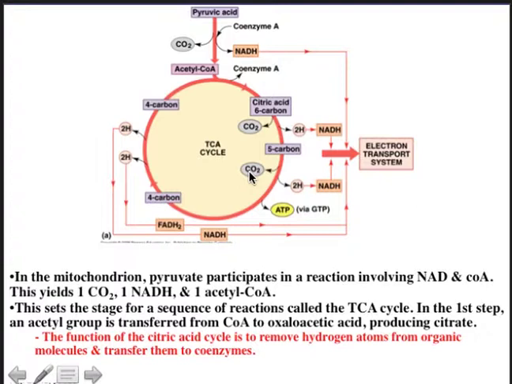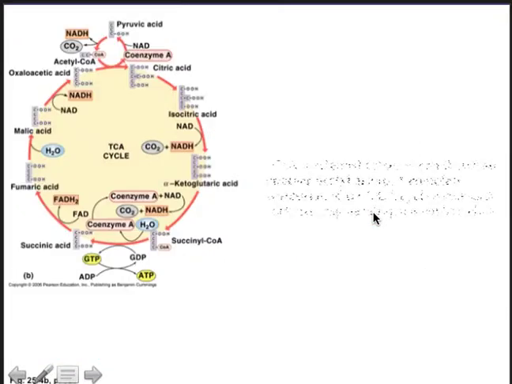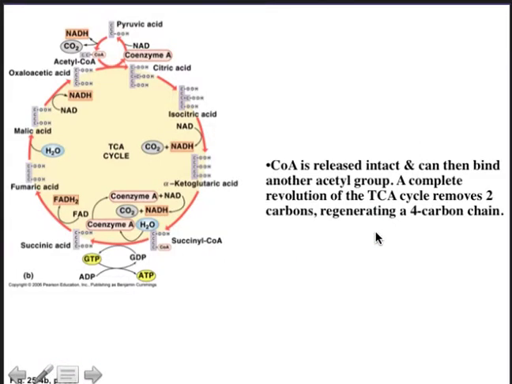So this means that the energy that was in this pyruvate molecule has now been transferred somewhere else. And the place that it's been transferred to is these intermediate molecules, NADH and FADH2, and also directly to make ATP in one of the steps. CoA is released intact and then can bind another acetyl group.